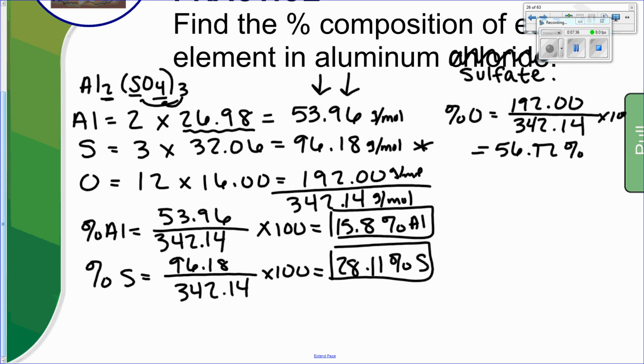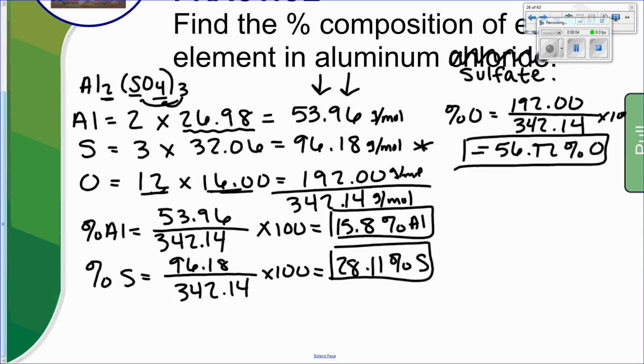All right, so when you look at this, you can check your answer by adding it up and making sure it adds up to 100, but you can also look and see if it's sensible. When you look at how many of each element you have and its molar mass within the compound, yes, oxygen has the least amount of molar mass, but there's 12 of them, so it makes sense that it has a percent of 56.12% inside that compound.